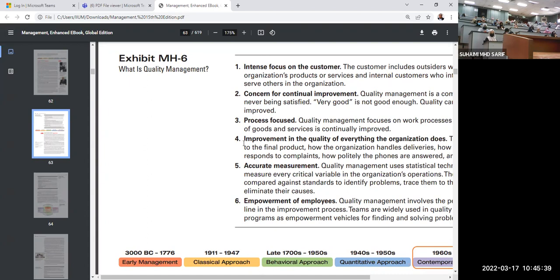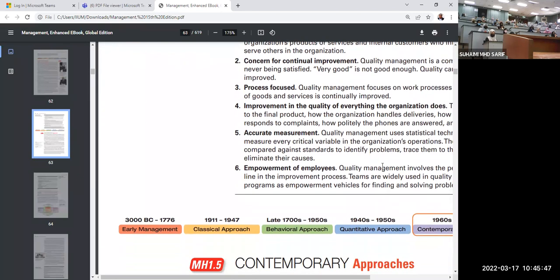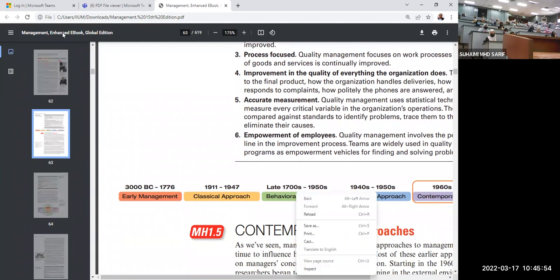Process focus. You want to make sure that the work is improved from time to time. Okay, the quality of the organization, and then ensure the accuracy of your measurement, and you can empower the employees.